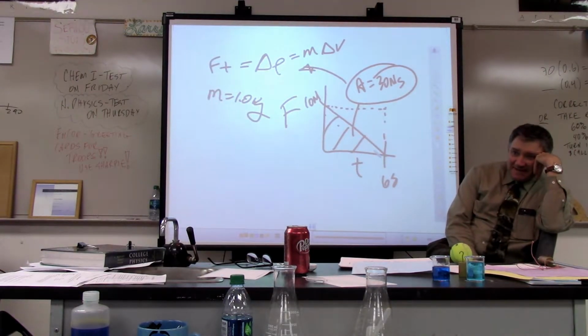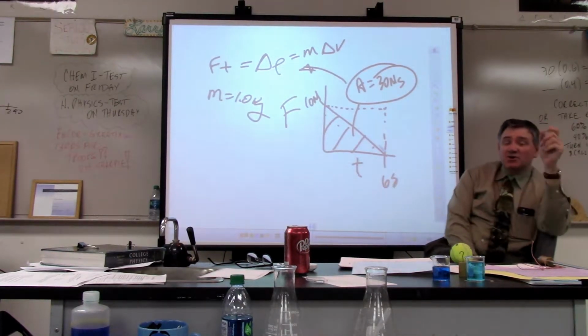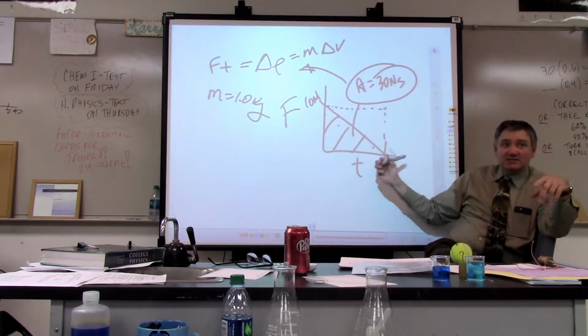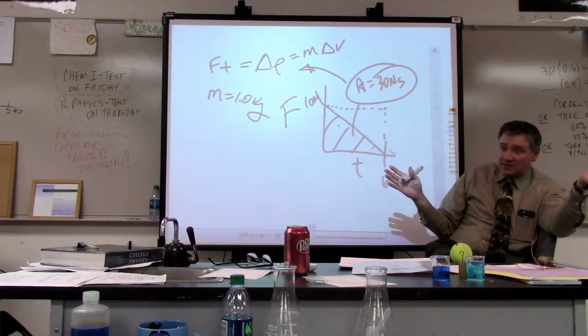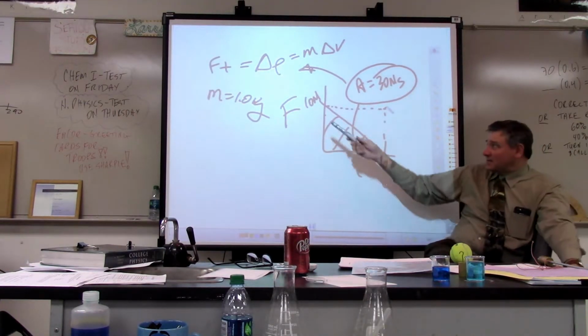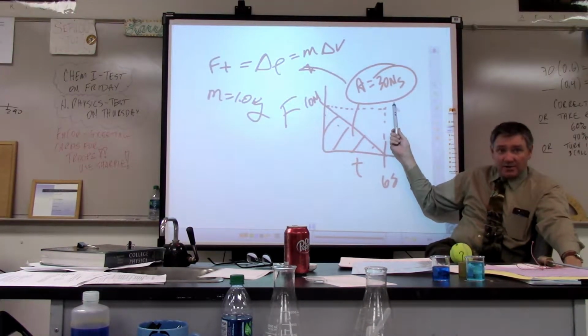What's the numeric value for the change in my momentum? 60. 10 times 6, boom, I get 60. So if I apply a constant force of 10 newtons over 6 seconds, I get a change in momentum of 60. Okay? And that should make sense because I'm applying that 10 newton force over this entire interval.